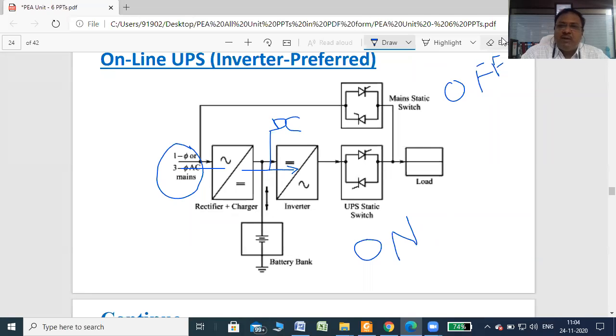And because the input is pure DC, the output of the inverter will be close to pure AC, right? It is basically stabilized because the DC is constant. Definitely the output of the inverter is also constant, with no fluctuation in voltage and no fluctuation in frequency, because the output frequency of the inverter we can control.